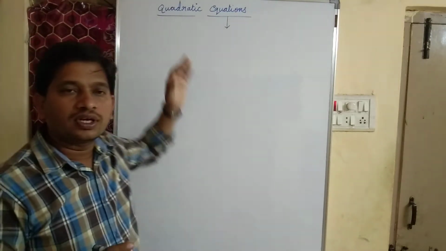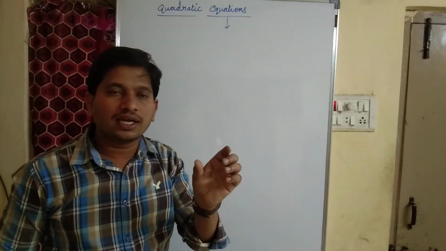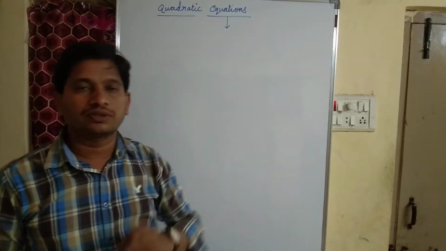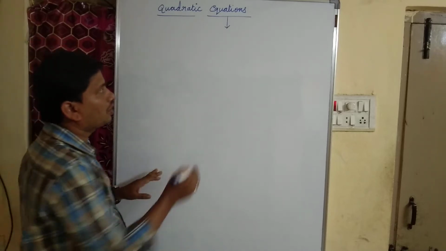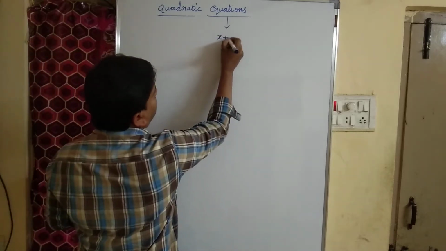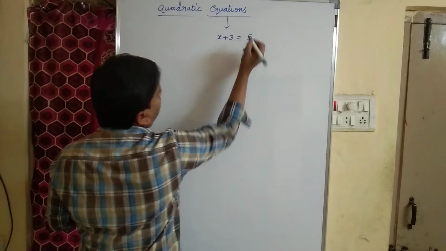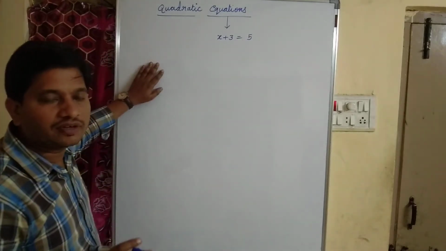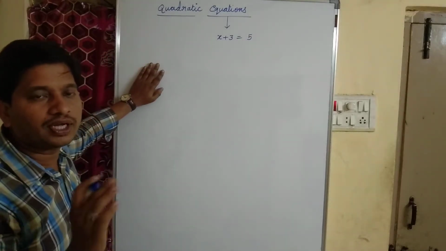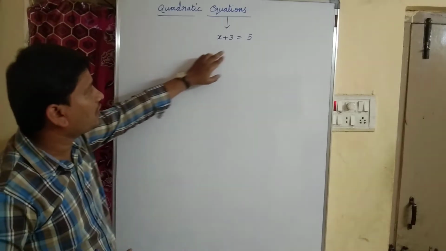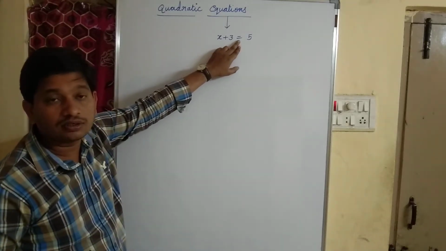If there is an equal sign in between two expressions. For example, x plus 3 equal to 5. Consider an equation x plus 3 equal to 5. Why do we call it an equation?